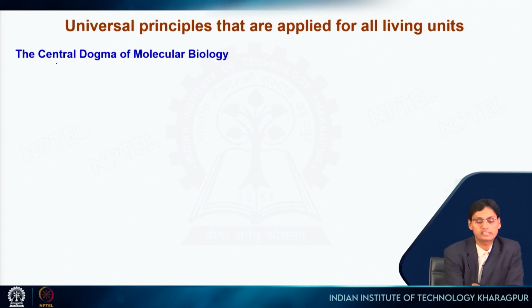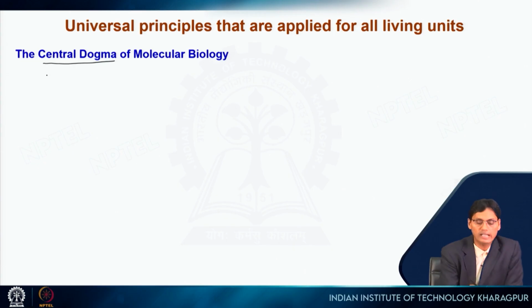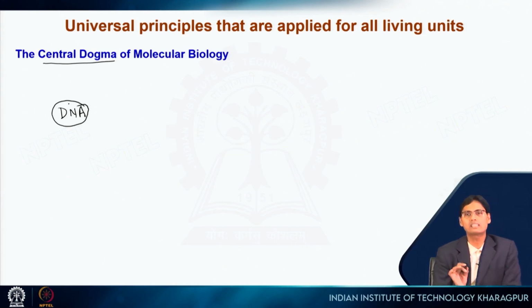And this is the last slide for today's lecture, the universal principle that applies to all living systems, that is the central dogma of molecular biology. I will discuss in more detail in future, but I just mentioned that all living entities have their genetic material, and mostly I would say DNA is the genetic material. In some viruses, RNA is present as their genetic material, but that is an exception.